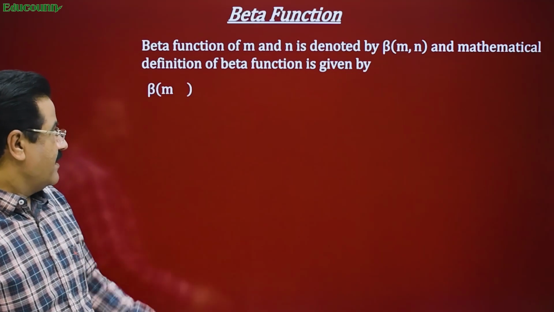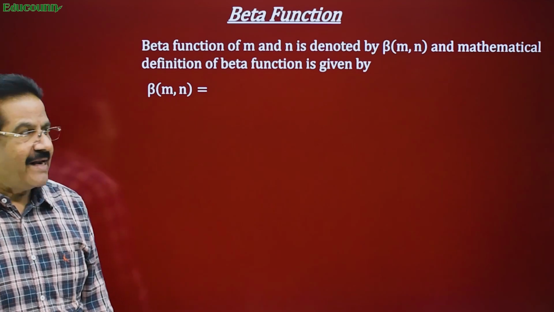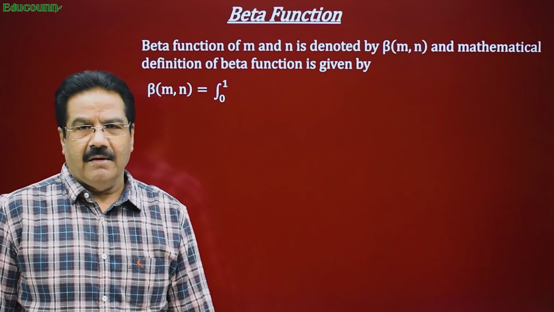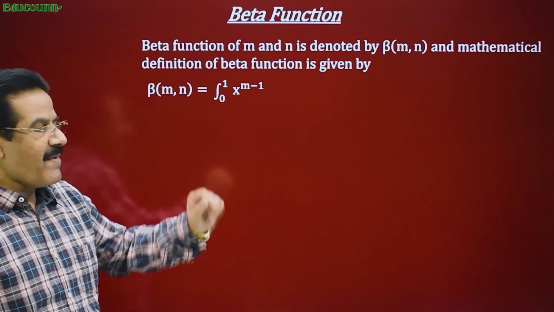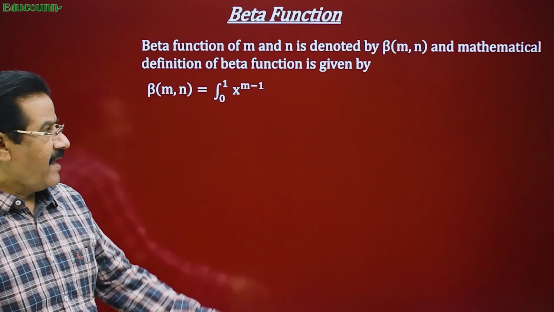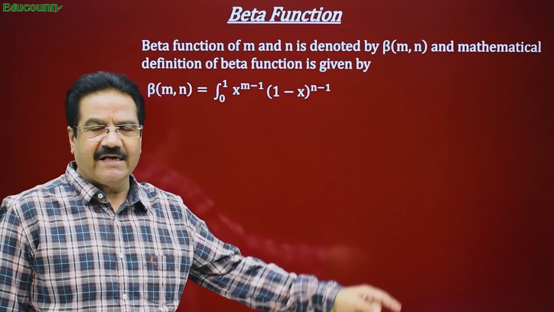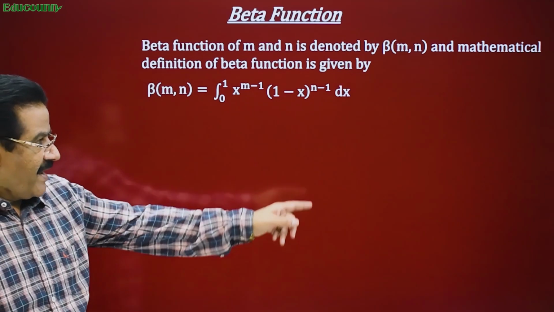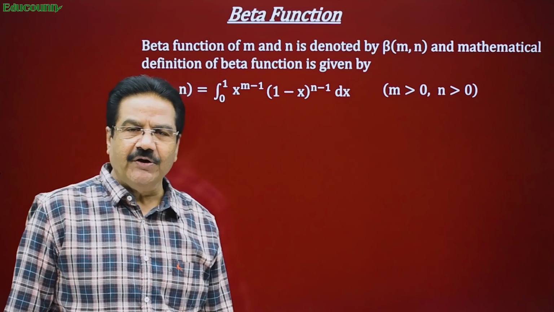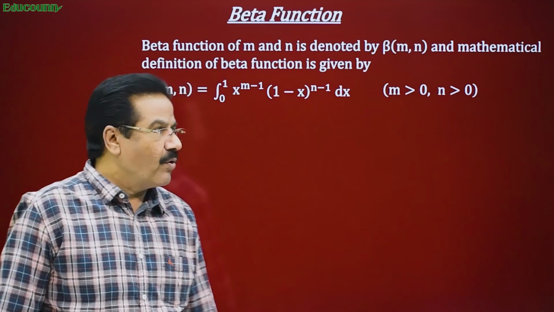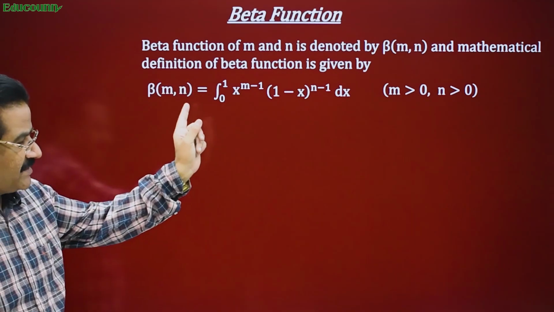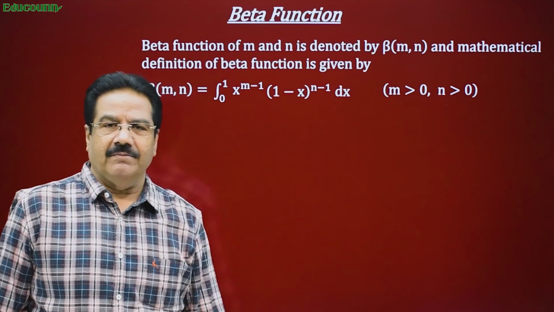So beta(m, n) is equal to integration 0 to 1 x raised to m minus 1 multiplied by 1 minus x raised to n minus 1 dx. Values of m and n must be positive, meaning greater than 0. So this is called the definition of beta function.